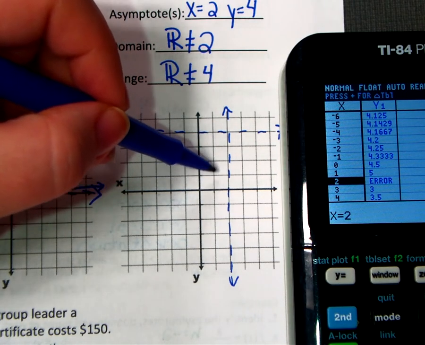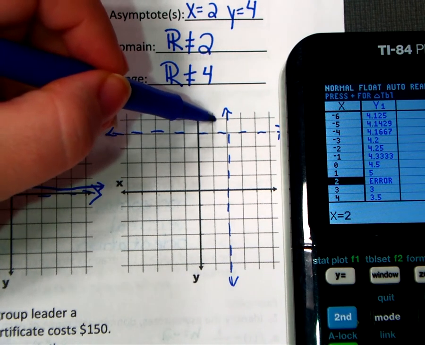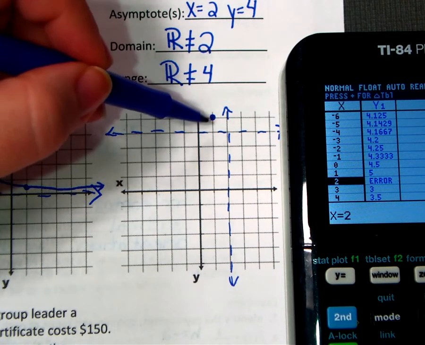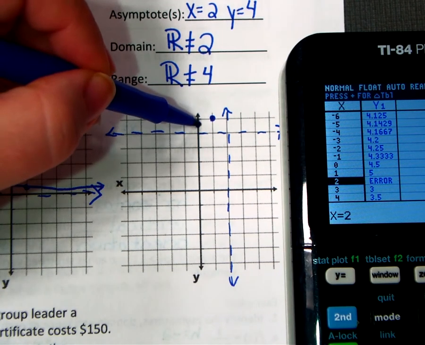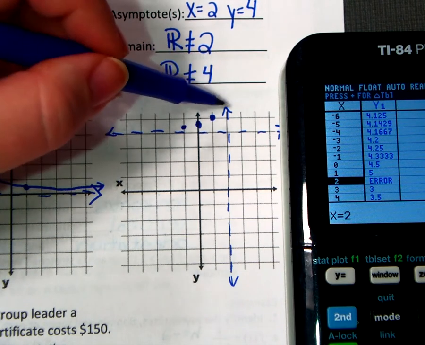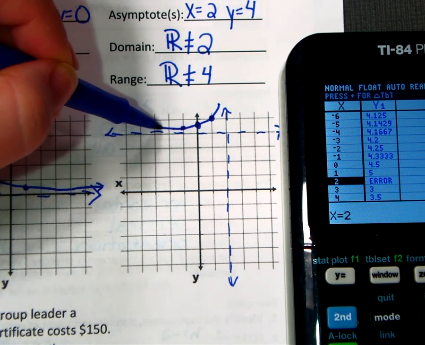So at 1, I have 5, at 0, I'm at 4.5, and -1, 4.3. Be very, very careful.